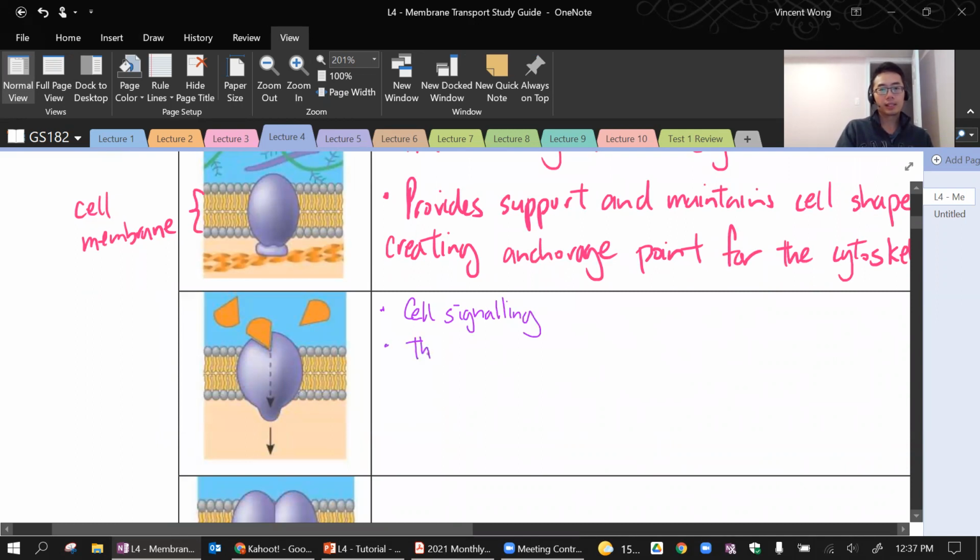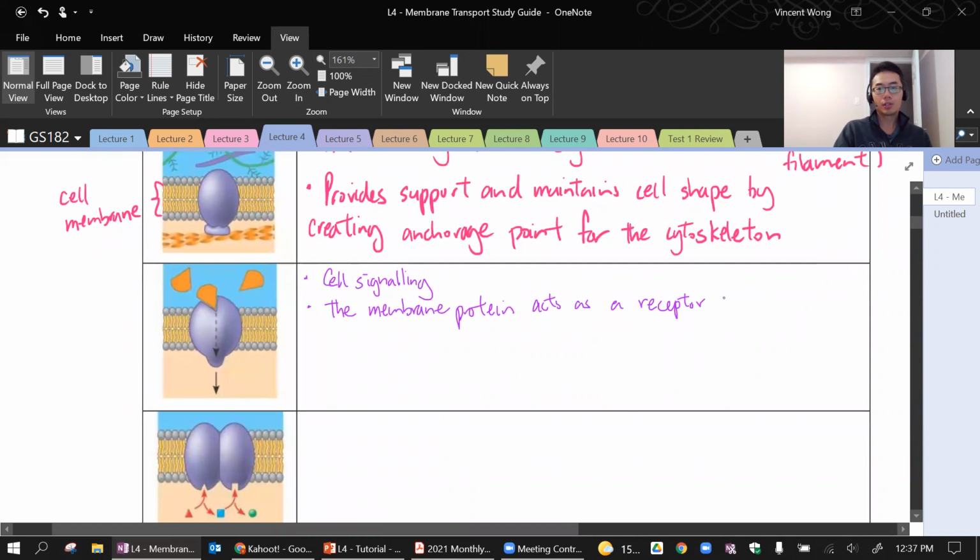The membrane protein, often an integral protein, acts as a receptor for what we call ligands, which is basically things that bind to the receptor. And what could be a ligand? An example could be a protein hormone.